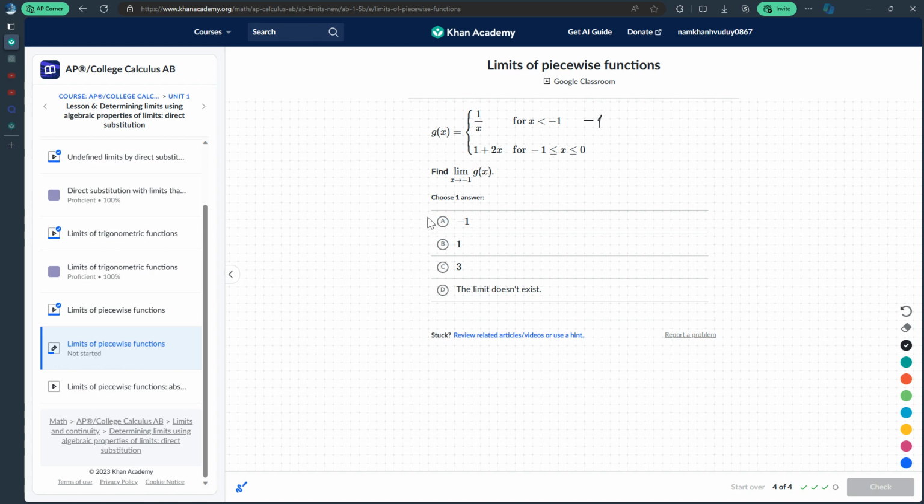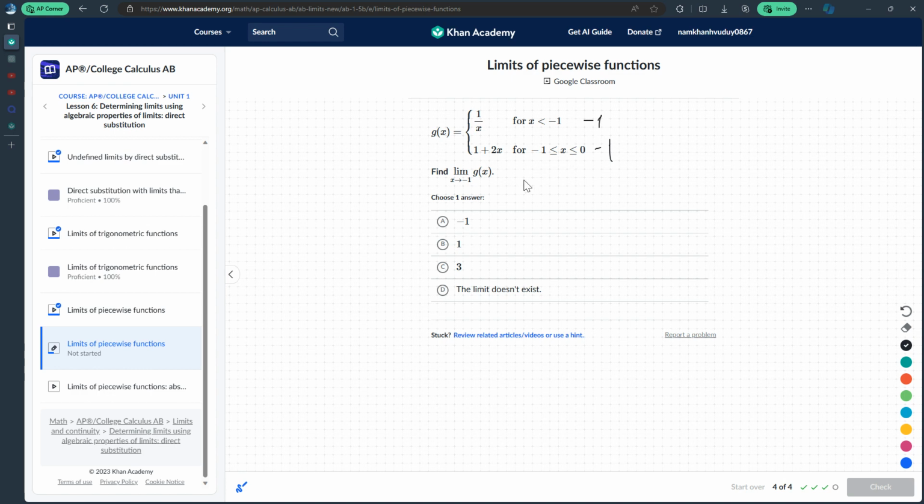So we're going to add -1 to the multiplication between 2 and dx. So we're going to have 1 plus 2 multiplied by -1 equals -1. So we can see that the right side and the left side as x approaches -1 are equal to the limit of g of x when x approaches -1.